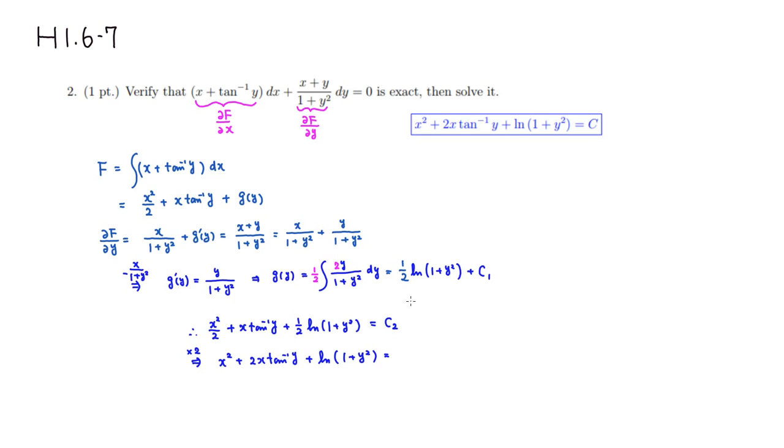There's no point in writing a complicated expression for it, so I'm going to just write it as some constant C. So that's how they got the solution there. That's it. I hope that this was clear.